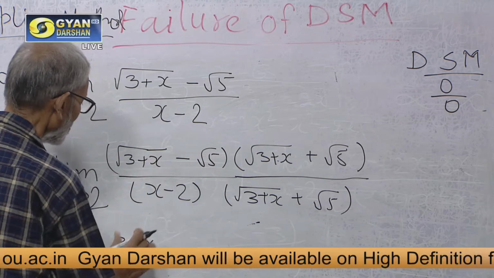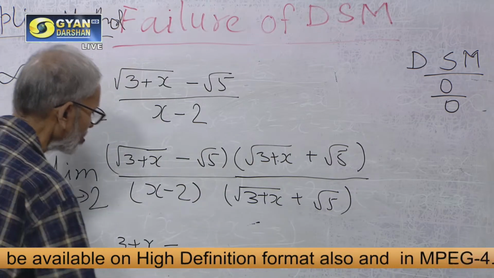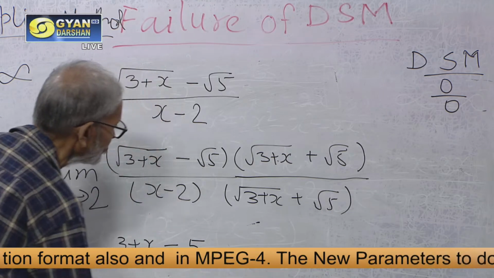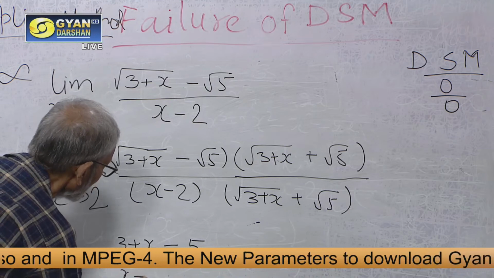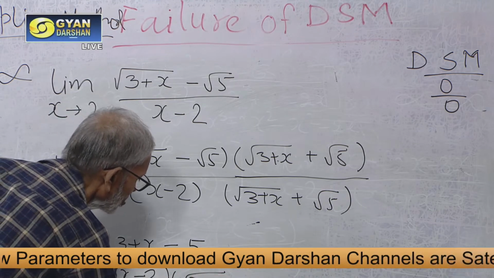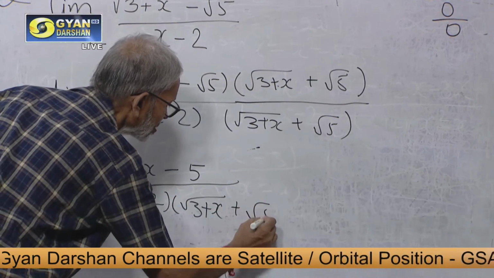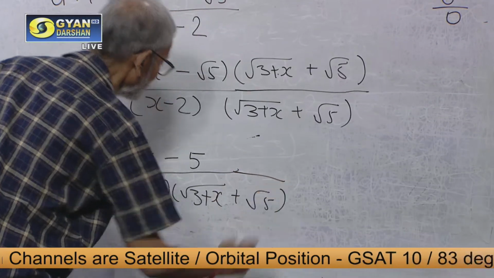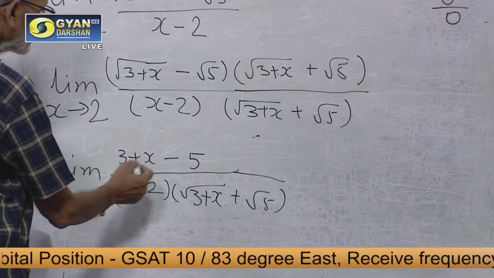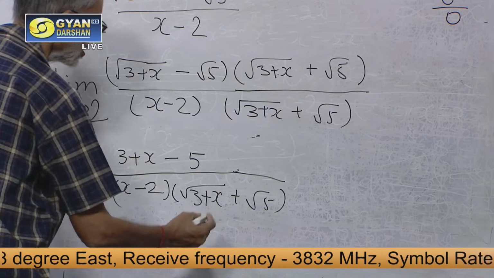So this square will be 3 plus x, minus this square, root 5 square will be 5, divided by x minus 2 into under root 3 plus x plus root 5. So 3 minus 5, it will become minus 2. So it will become x minus 2.